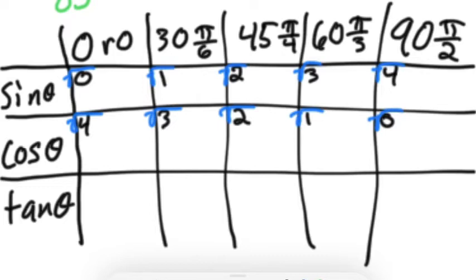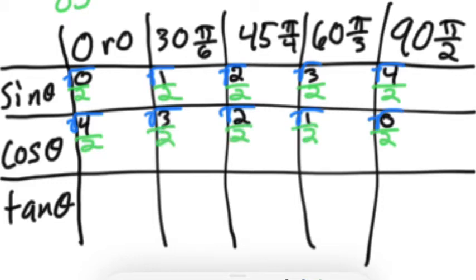And then the fourth step is to divide by 2 for all of them. Now you simplify.